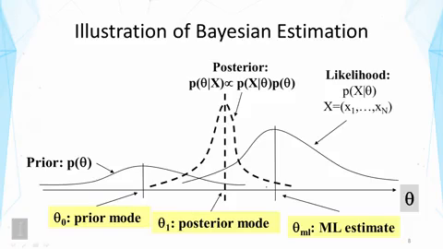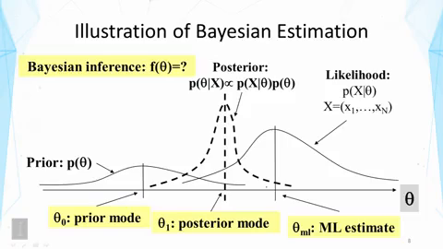Now in general, in Bayesian inference, we are interested in the distribution of all these parameter values, as you see here. There's a distribution over theta values, P of theta given x. So the problem of Bayesian inference is to infer this posterior distribution and also to infer other interesting quantities that might depend on theta.